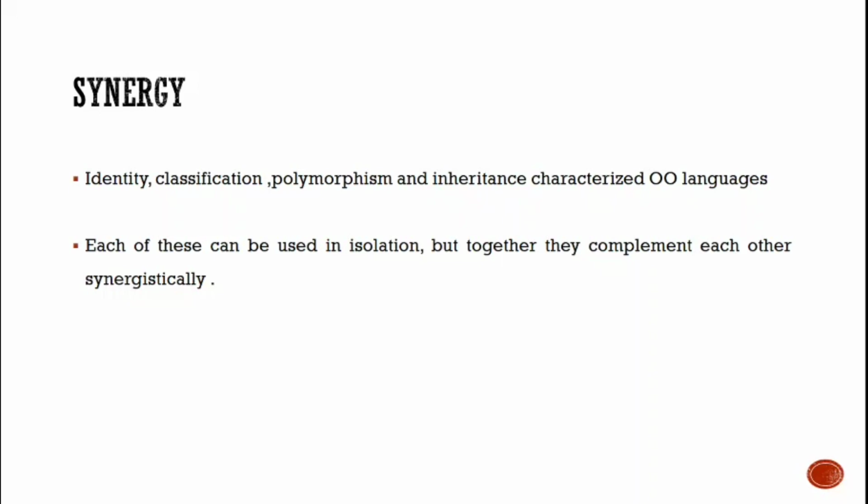Obviously, these are the four concepts that characterize object-oriented languages. Each of these can be used in isolation, but together they complement each other synergistically. So if you make use of all these four in object-oriented programming languages, coding will be more efficient, and developers spend less time developing the components or modules.